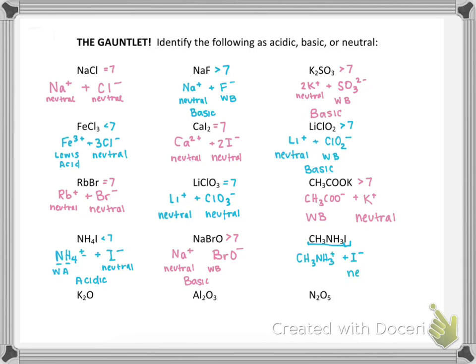Which we know is a spectator, so the I- will be neutral. And the CH3NH3+, we have a nitrogen, hydrogen, positive charge, so this will be a weak acid. We have a nitrogen with 4 bonds and a hydrogen that it can give up. So this salt will be acidic.